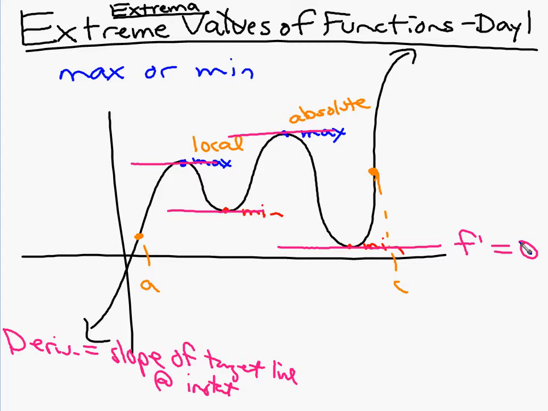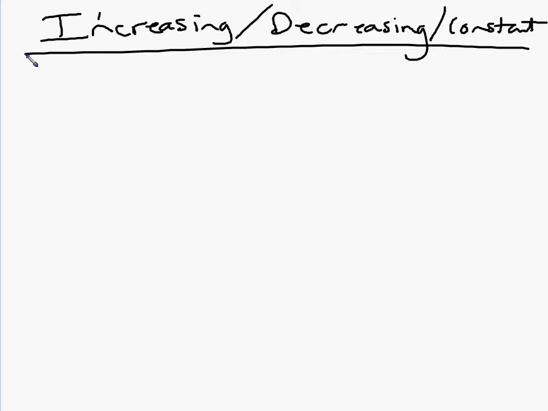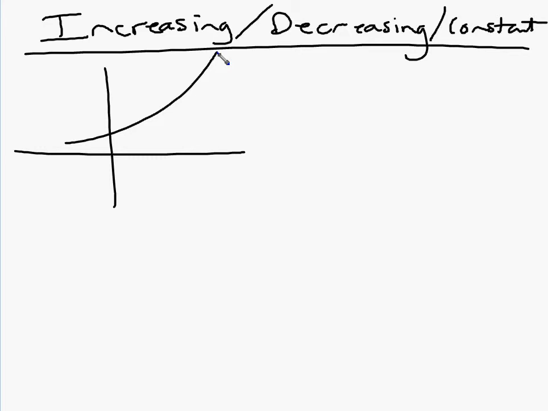Now, real quickly, I just want to review something. Increasing, decreasing, and constant. Okay, if I'm talking about an increasing function or a decreasing function, well, if it's increasing, what do I know about the function values?